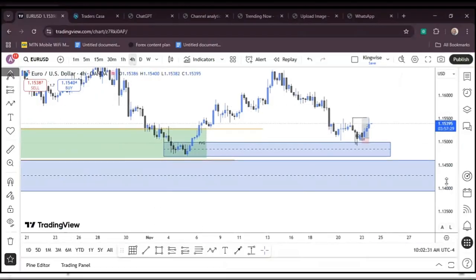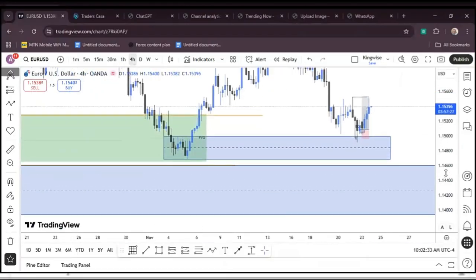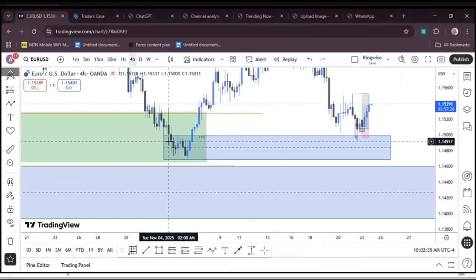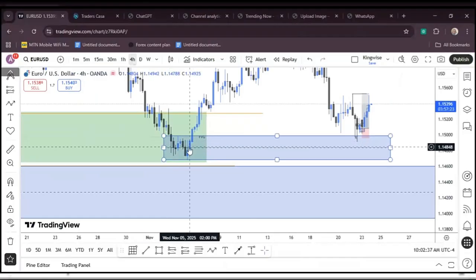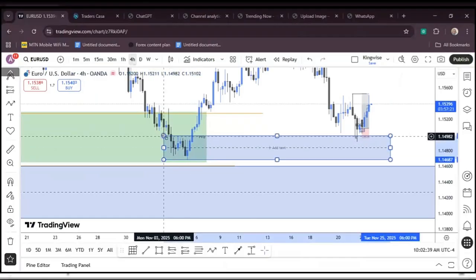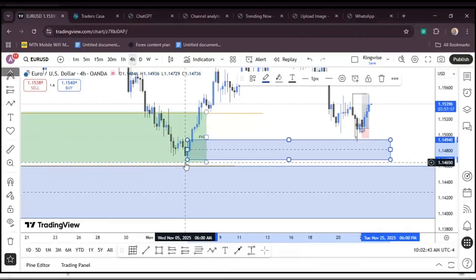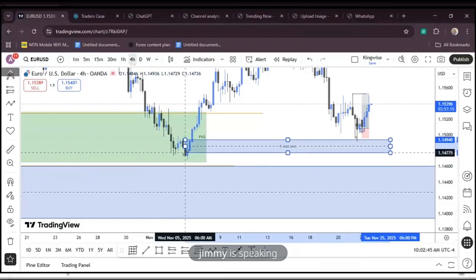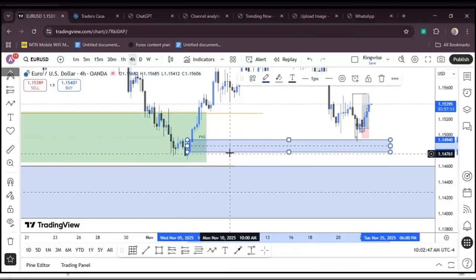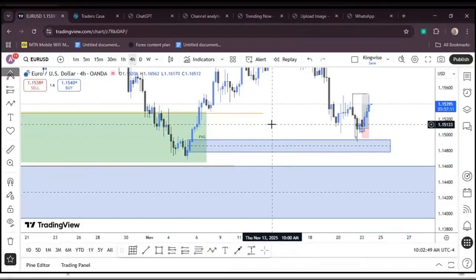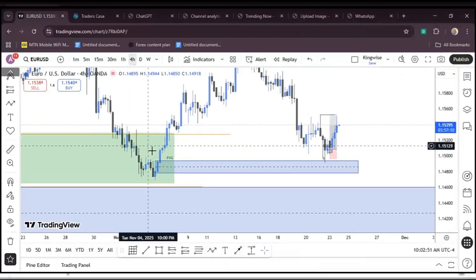This is the last bullish candle before the impulsive move to the upside. This candlestick is the last bullish candle before that massive move to the upside.